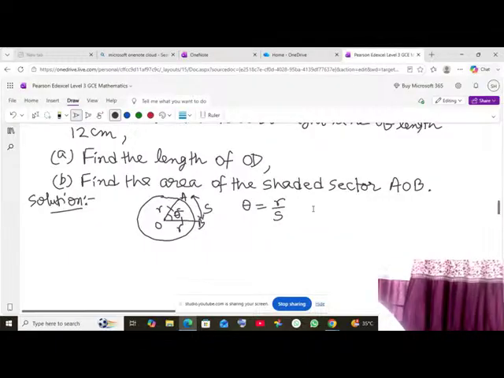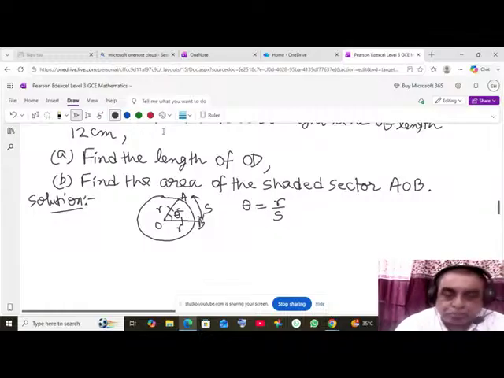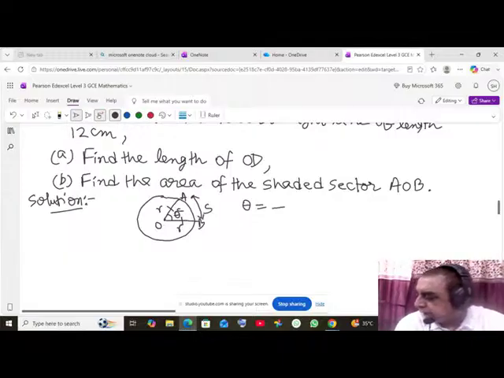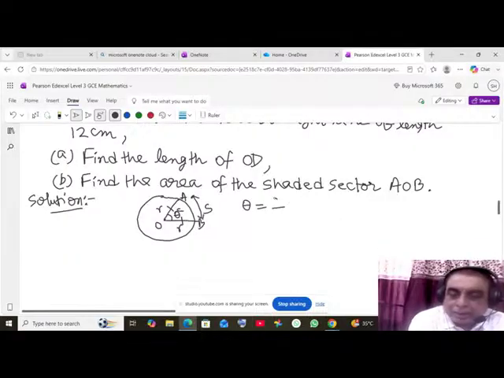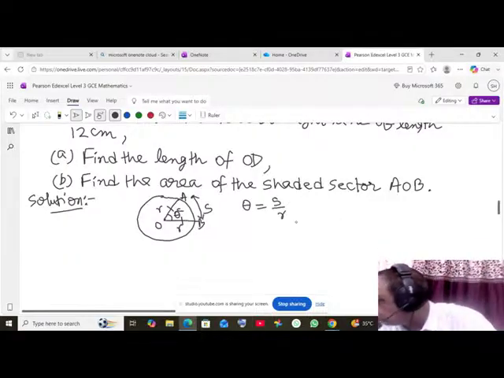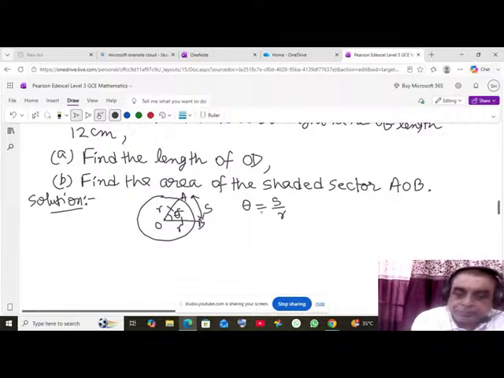Sorry, it is S upon R, not R upon S. So theta equals S upon R. Remember this point. So the central angle value is the length of the arc divided by the radius.